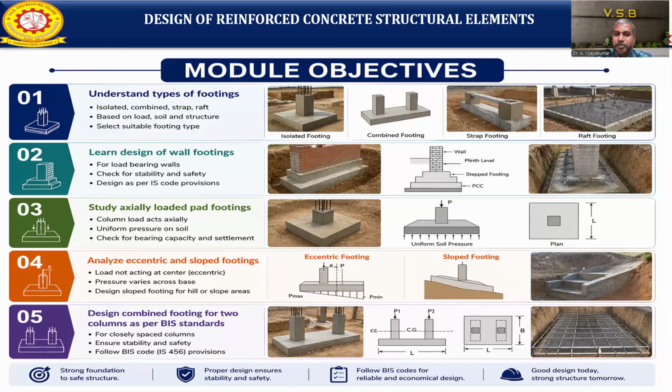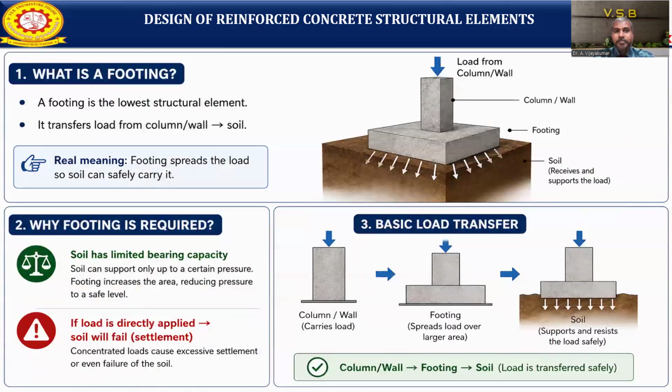Proper design ensures the stability and safety of the structure, and following the IS code book gives a reliable and economical design. A good design today means a strong structure tomorrow, because the foundation is the base. The soil needs to be capable of carrying more load, so the foundation should be strong. We need to take care of the foundation when designing and implementing it at the construction site.